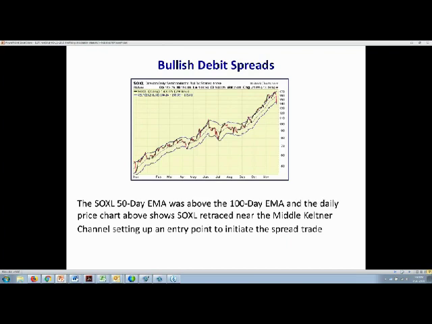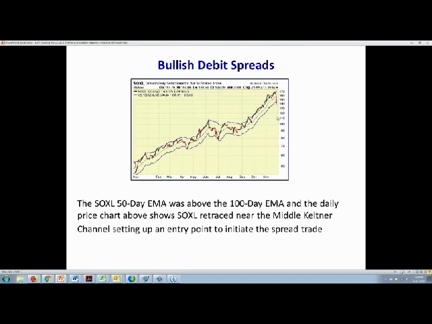The trade was profitable, and we also used the Keltner channels to enter our trade. The SOXL 50-day EMA was above the 100-day EMA, so it was on a buy signal, and it retraced near this middle Keltner channel, which set up a buy opportunity for a spread trade.